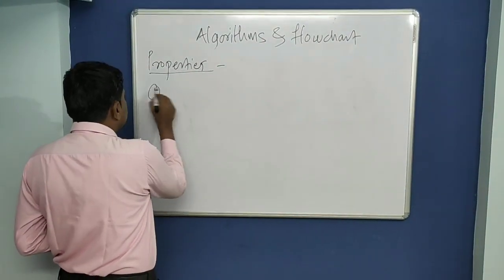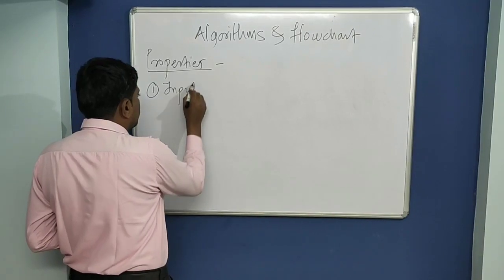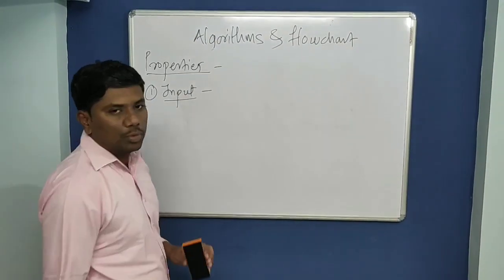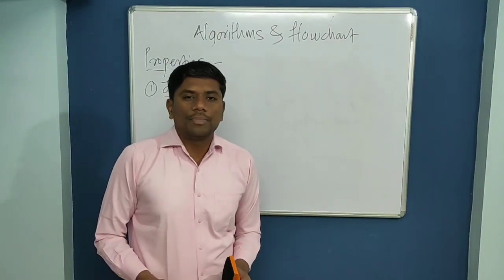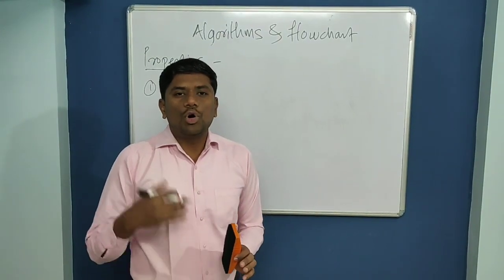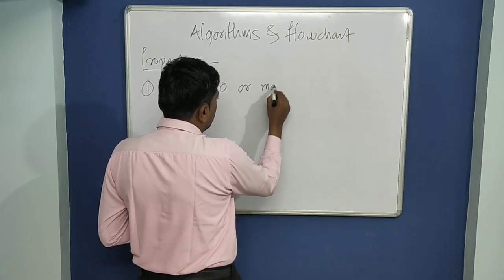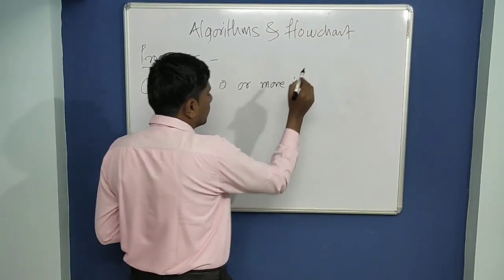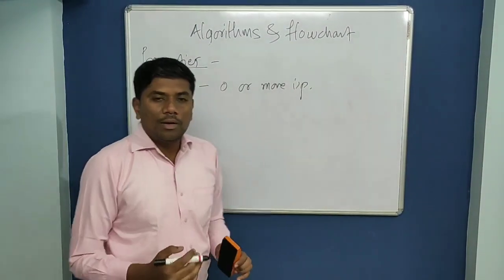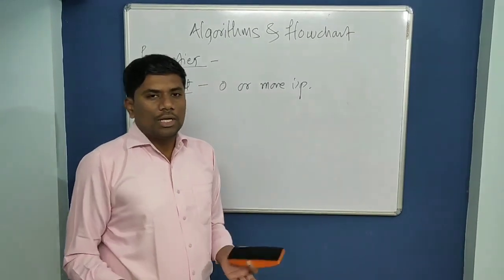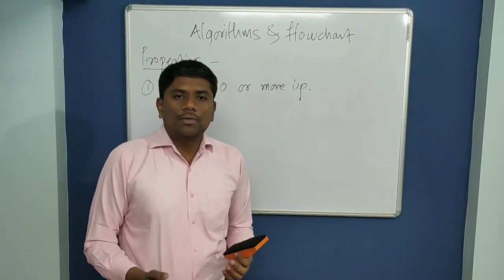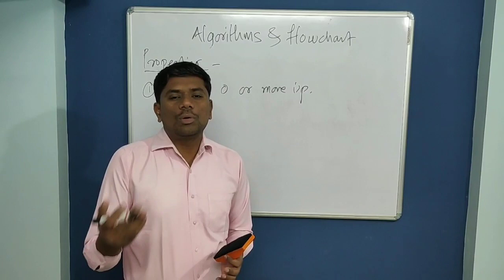The first property is input. Every algorithm must have zero or more inputs.